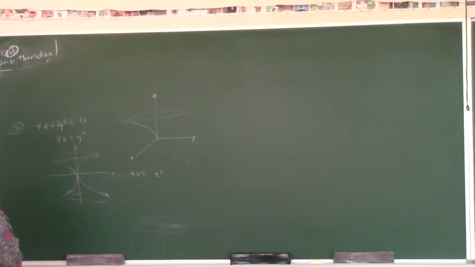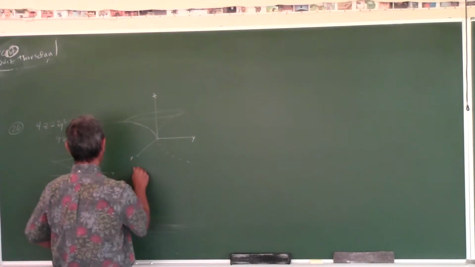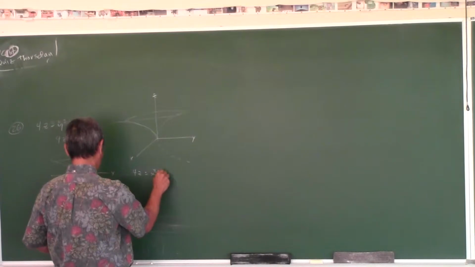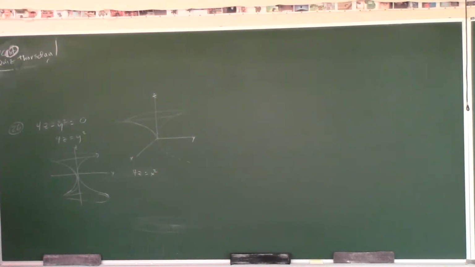Wait, I'm thinking: 4x equals z squared, or is it 4z equals x squared? Yeah, I think it's 4z equals x squared because it's the same thing. Oh, yeah, you're right. 4z equals x squared. So that's the trace in the xz plane. The xy plane would just be a point, right?